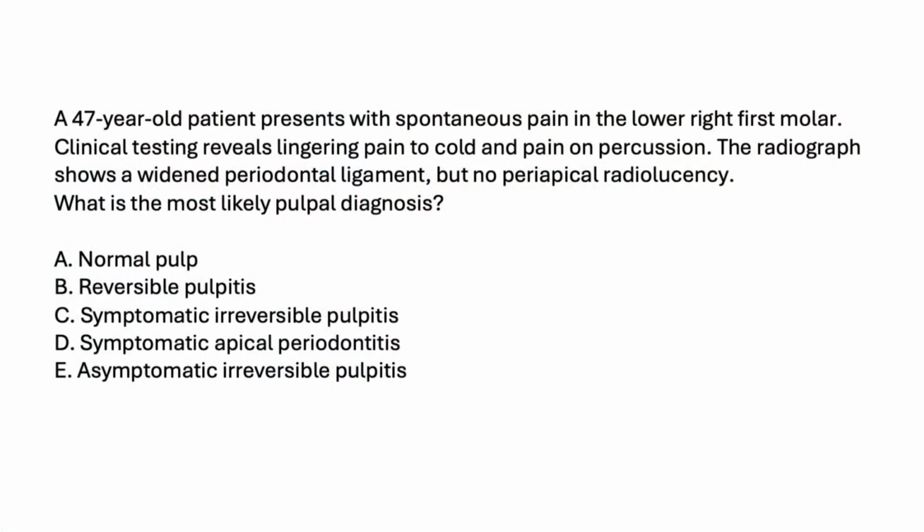So with that, let's go through a real example together. A 47-year-old patient presents with spontaneous pain in the lower right first molar. Clinical testing reveals lingering pain to cold and pain on percussion. The radiograph shows a widened periodontal ligament, but no periapical radiolucency.